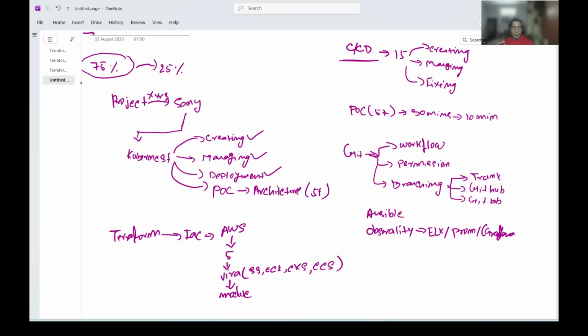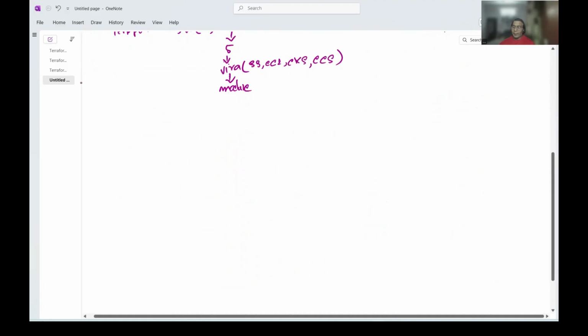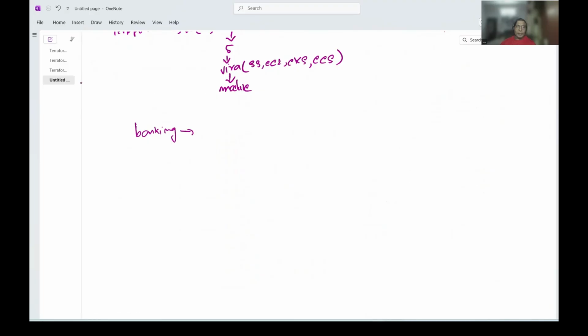For example, if you're working for a banking organization and it's a product based company, then the banking organization has a number of different business units. There could be core banking, loan, and credit department.